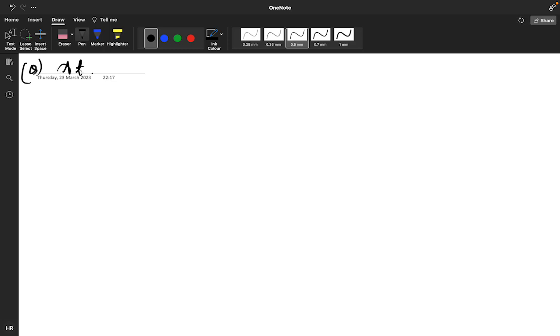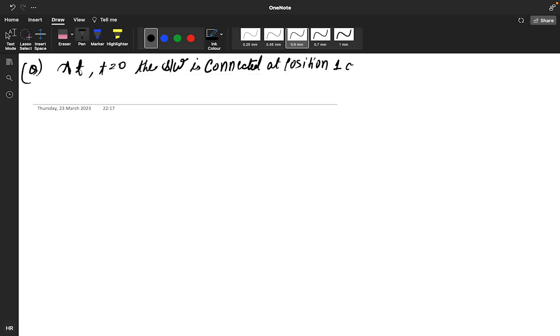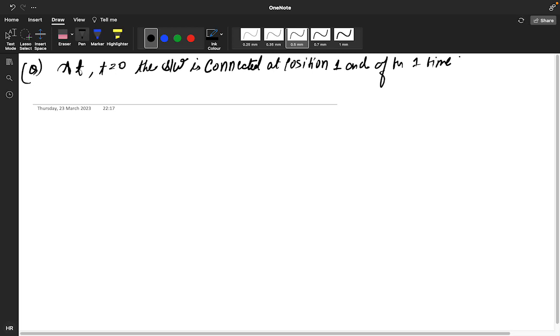At t is equal to 0, the switch is connected at position 1, and after one time constant it moves to position 2.